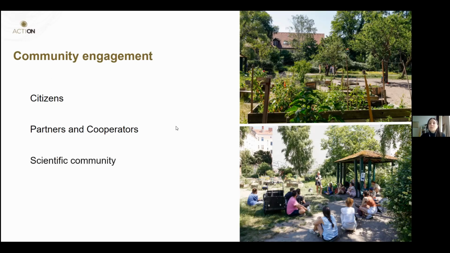And also the engagement with the scientific community is very important, because citizen science is separated from academic science, but there could also be a connection between the two, and both can benefit from each other. We benefited a lot from the support of the scientific community.